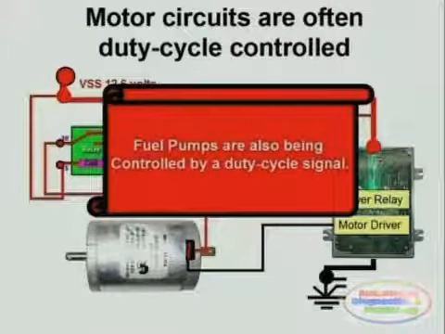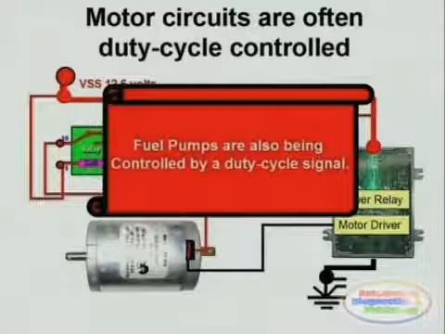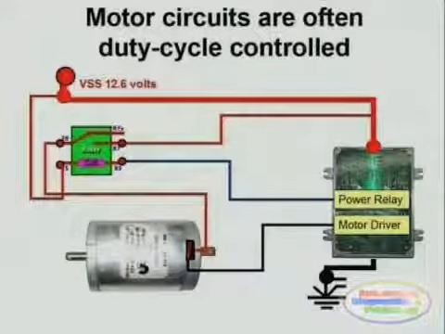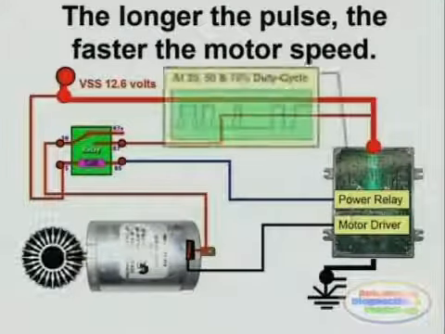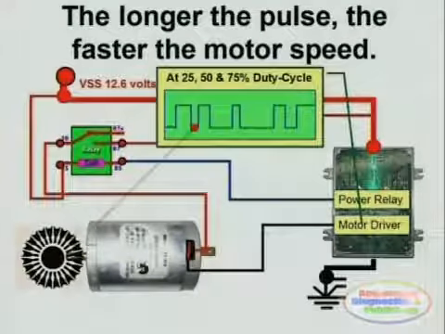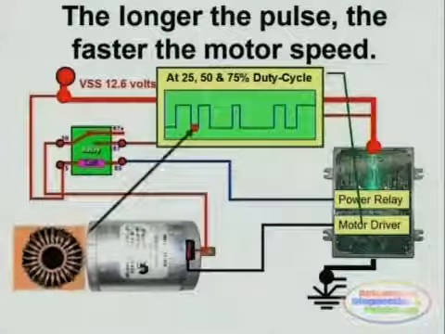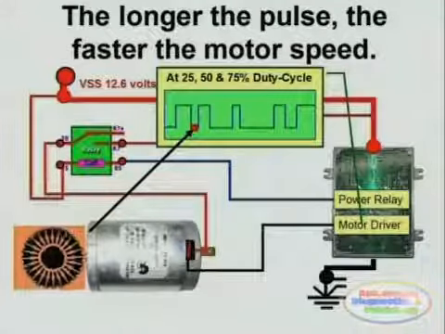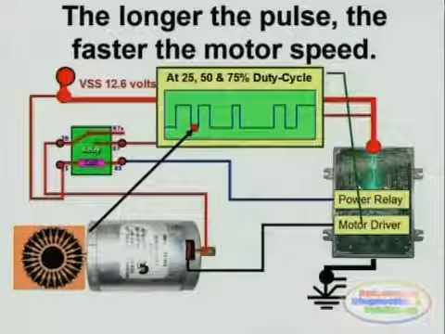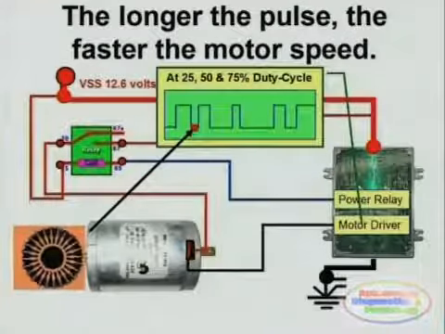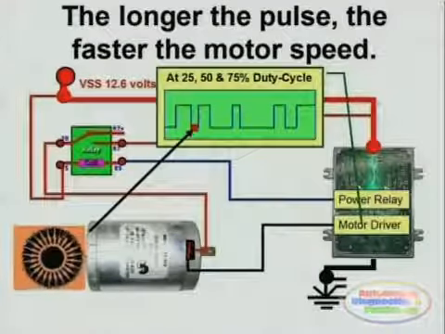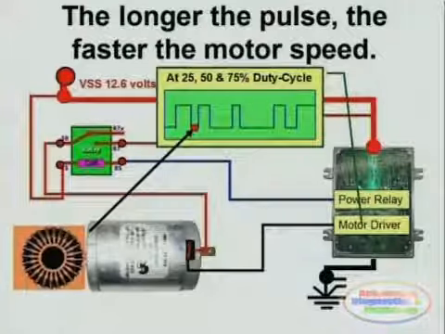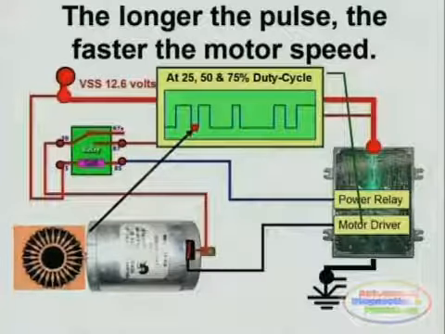Again, current flows from negative to positive, and depending on the pulse of the duty cycle signal, that's what is going to determine the speed of the motor. Here we see a very narrow or short pulse being applied to the fuel pump motor, making the fuel pump rotate very slowly. And this you would need, for example, during an idle condition.